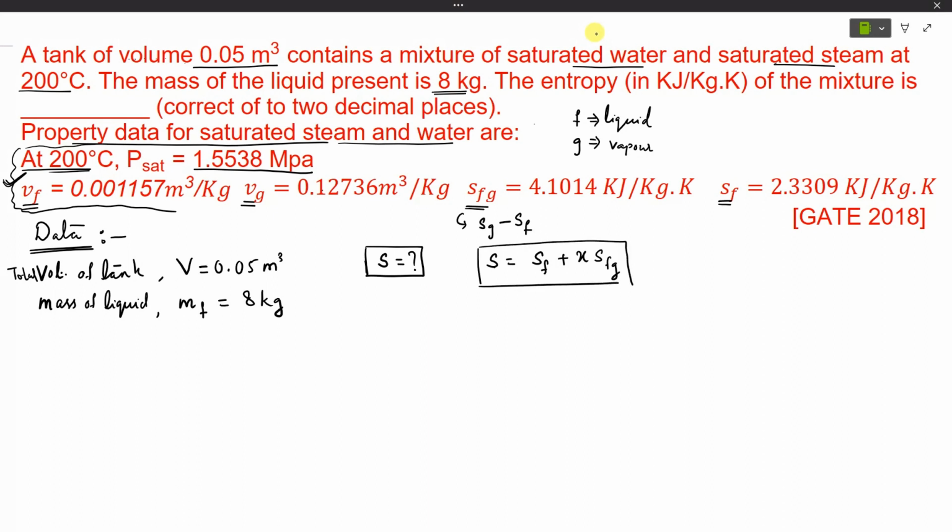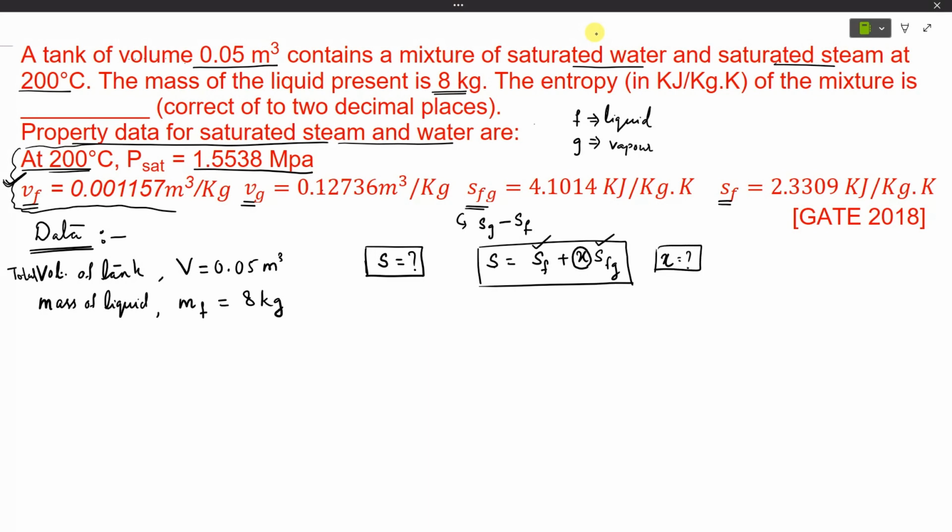So see, if we use this relation, we have sf value and sfg value. So these two values are given in the question. But the only unknown term is x here. So if we get the magnitude of x, we can get the magnitude of S.